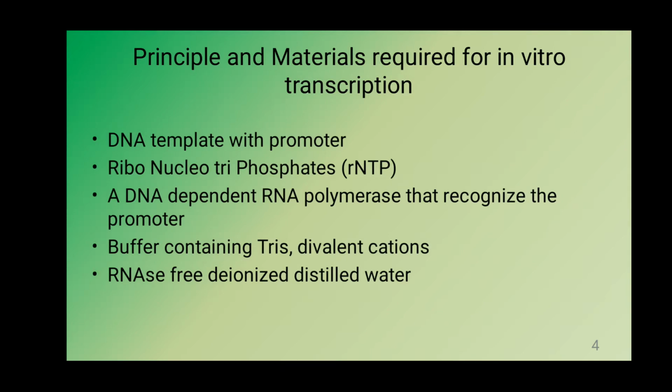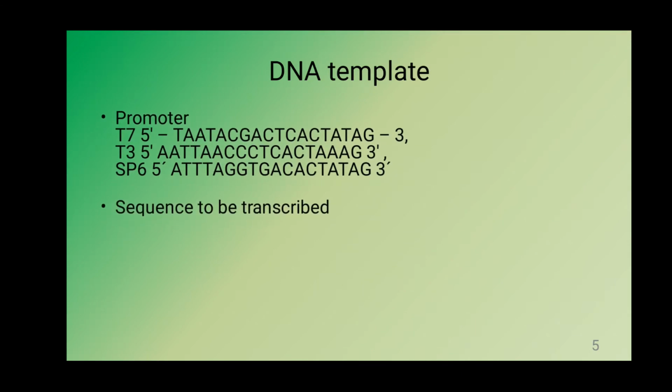In addition, we have to add the buffer that contains Tris to maintain pH and a divalent cation to maintain the integrity of nucleotides. And we have to use RNase-free deionized distilled water to make up a uniform concentration of the reaction setup.